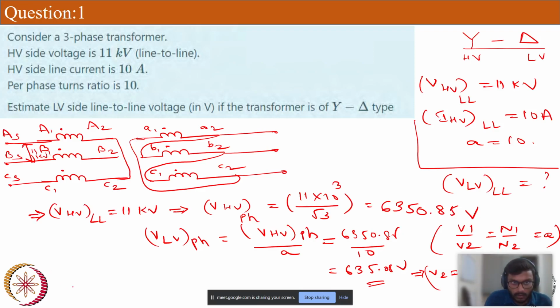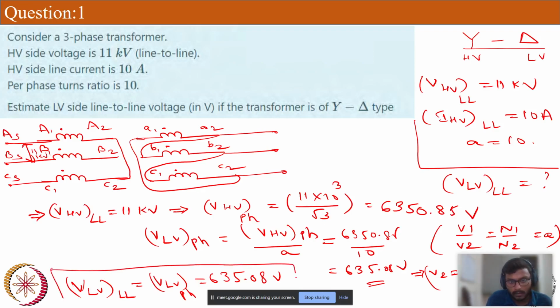So the required LV line to line voltage is equal to the LV phase voltage, which is 635.08 volts. So it's a simple problem. If you just draw the transformer connection and write the data that was given, it will be very simple to solve what was asked.